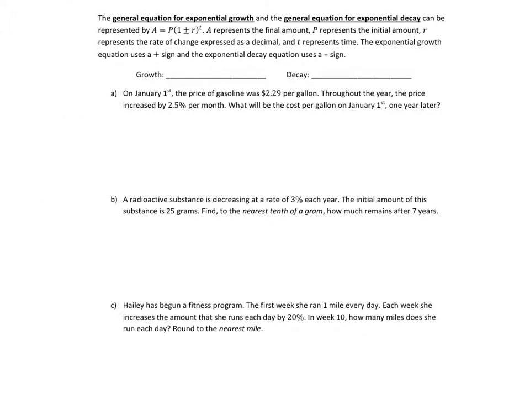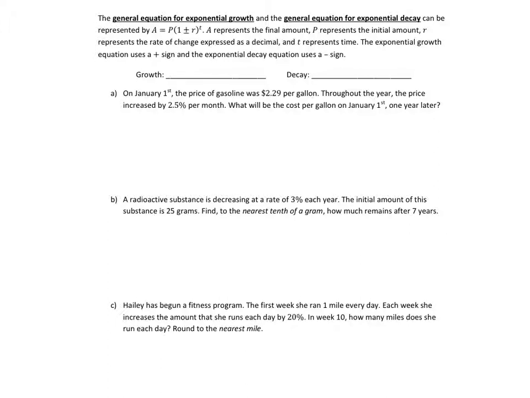All right, next section of notes. The general equation for exponential growth and the general equation for exponential decay can be represented by capital A equals capital P times parentheses 1 plus or minus r, close parentheses, all raised to the t power.